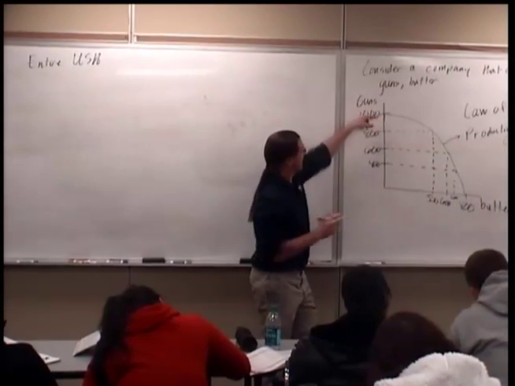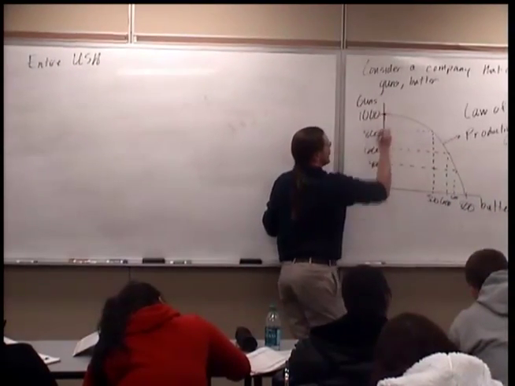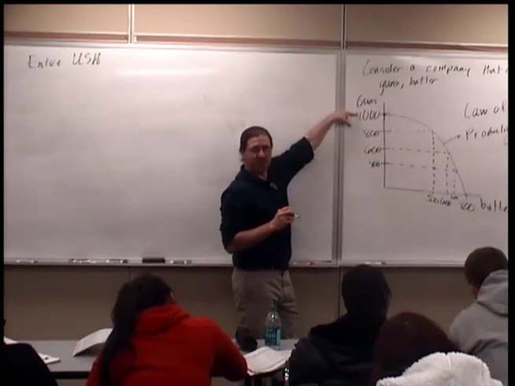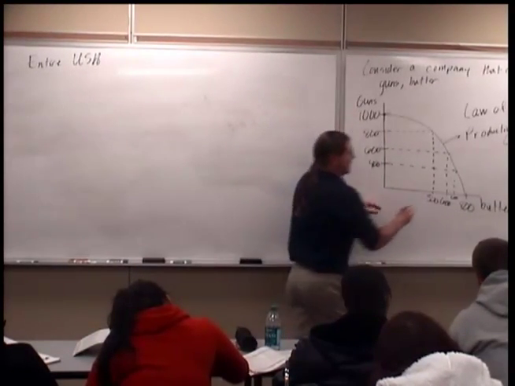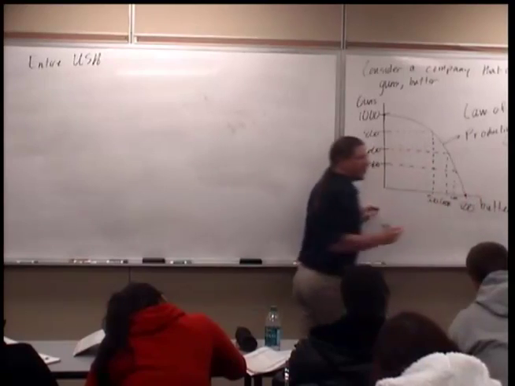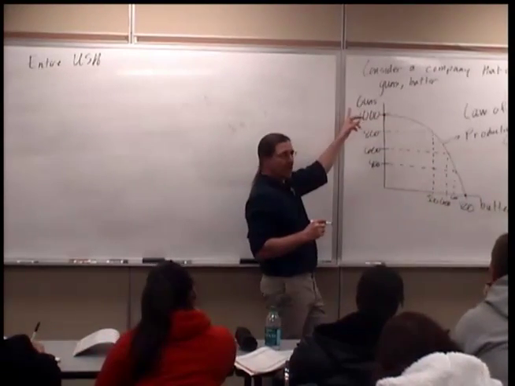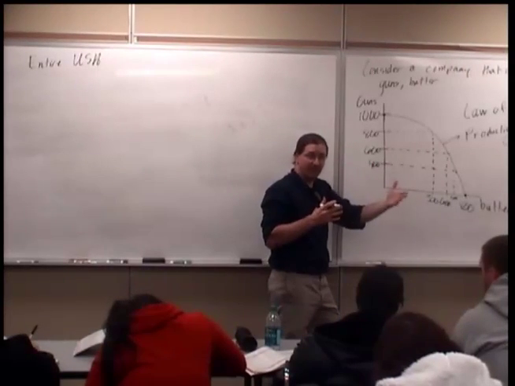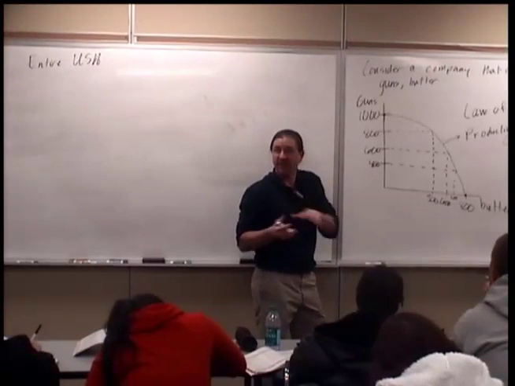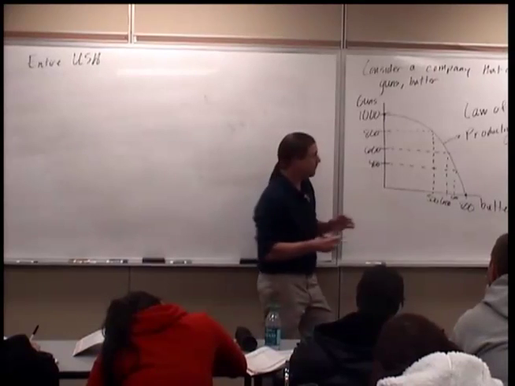The idea here is that this point on the line represents the most you could produce in guns. This represents the most you could produce in butter. And any other point on the line represents how much you would have in one versus the other if you started mixing and matching, right?